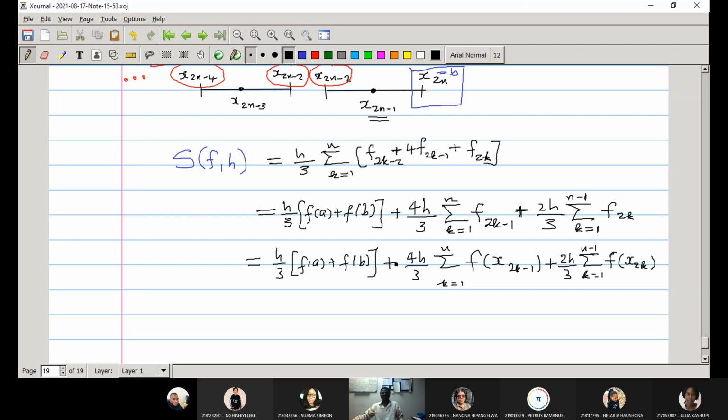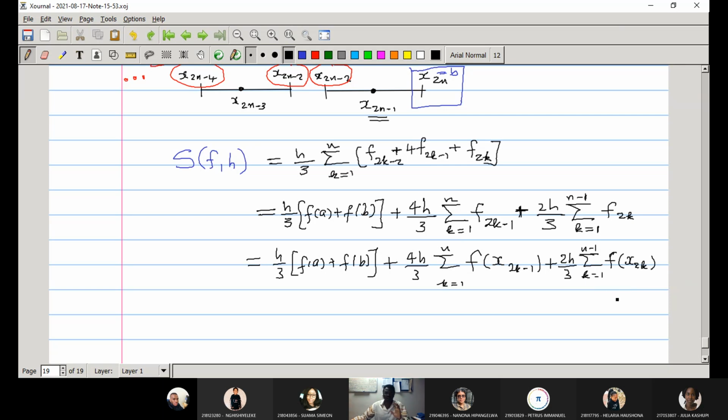So this is the formula for your Simpson's rule, right? In the slide on the note, this one comes before this, but it doesn't matter. The formula is still the same.